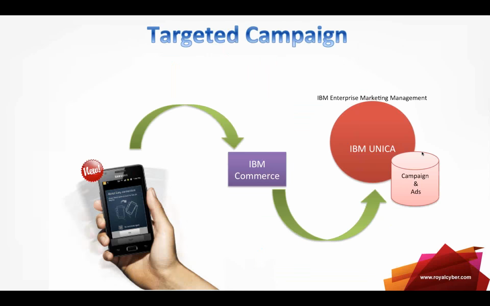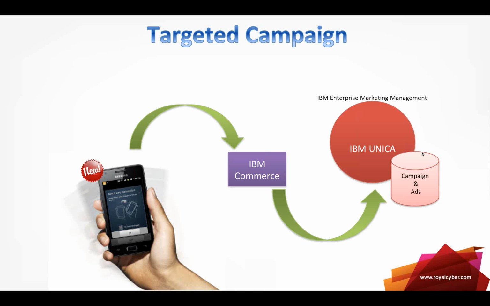This is one of the offerings that we also have, which we call targeted campaign. It's where we are integrating enterprise marketing management, where we target a specific ad campaign based on the user's geographic location and preferences.